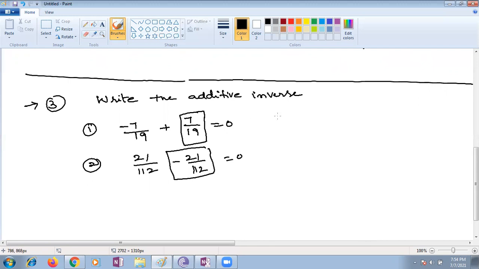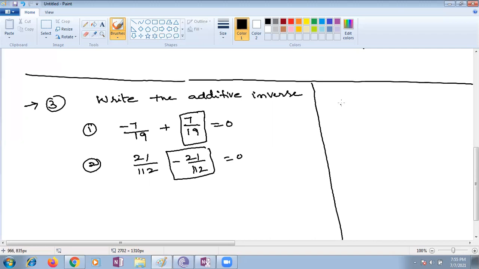Very good. Negative of a number is also additive inverse. Why didn't you respond? You should respond quickly, children. Ma'am, negative is not for all, right? It is only for positive numbers. For negative numbers, it will not be negative. Yes, right, Nana.